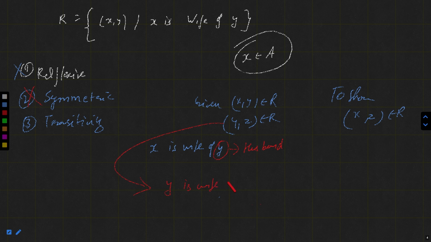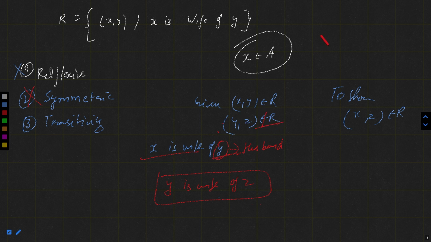As we already know, x is the wife and y is the husband, so this cannot happen. This means it is not belonging to R.